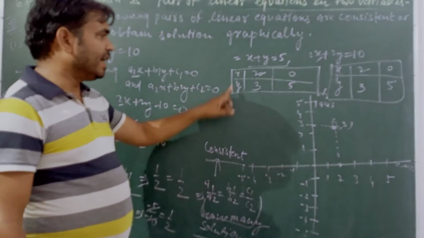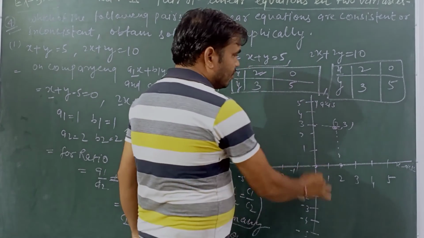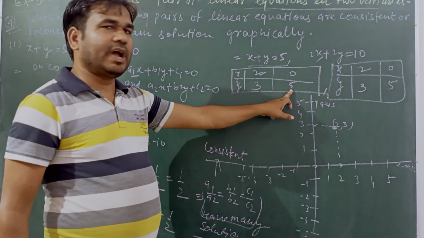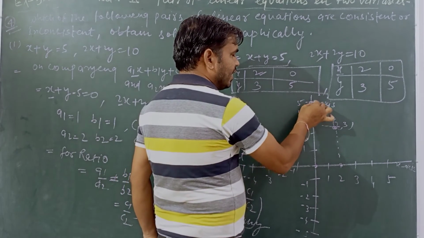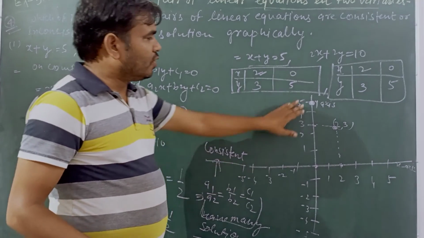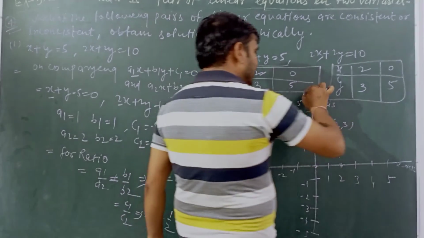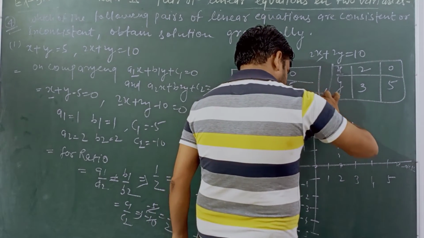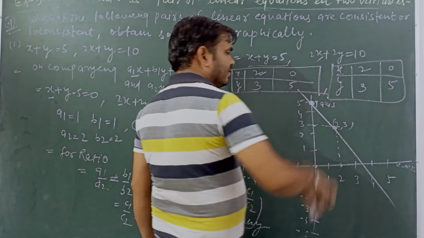After that x equal to 0, which is the origin, and y equal to 5, so this is the point y equal to 5. Using the points shown here, you can draw a line.